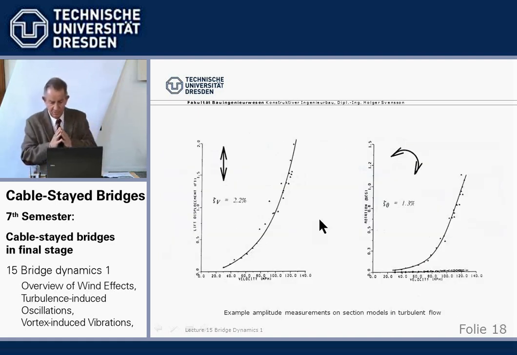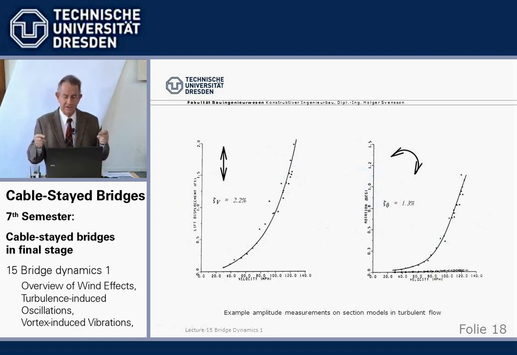One possibility to calculate the forces under turbulent wind is to place a model, a part model, a section model, into the wind tunnel, dynamically supported on springs with the same eigenfrequency as the real bridge beam, of course scaled.